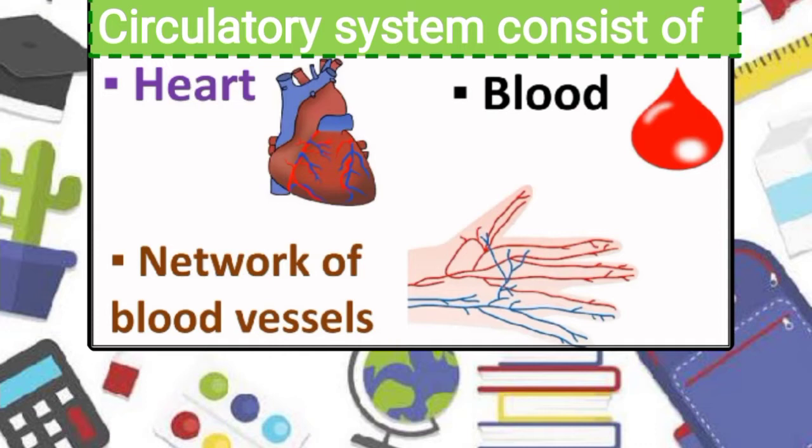And our heart is a part of the circulatory system. So, do you want to know more about the heart and circulatory system? Let's understand the heart, blood vessels and circulatory system in detail.